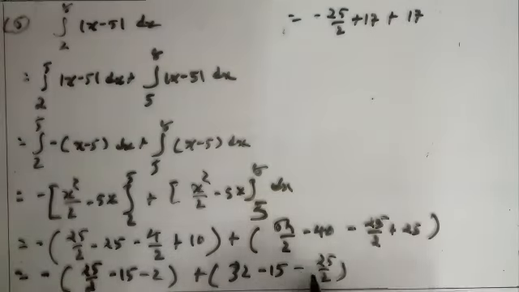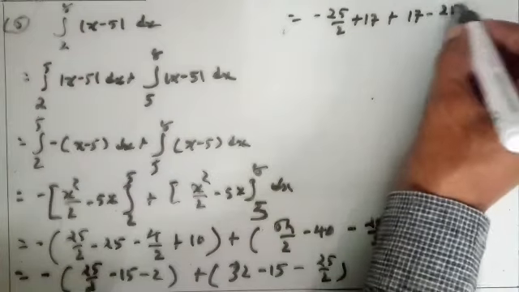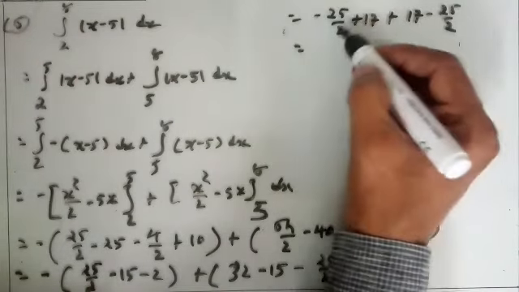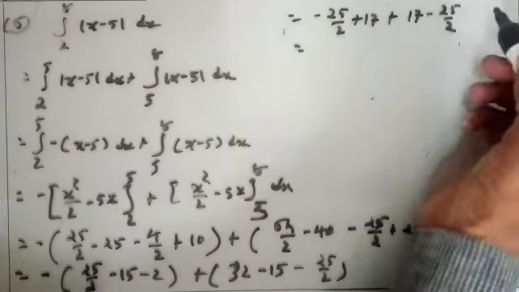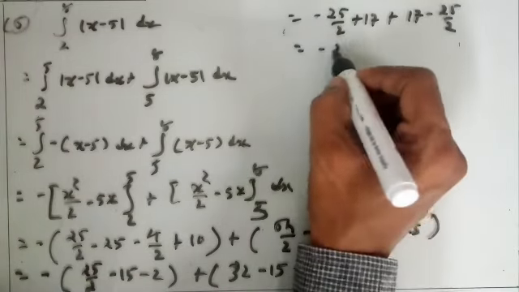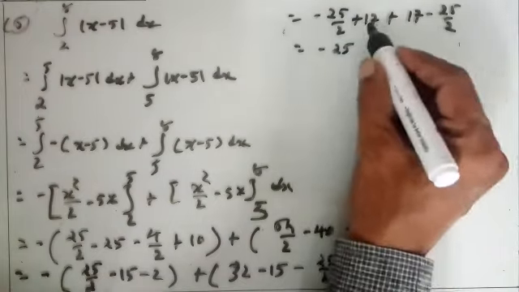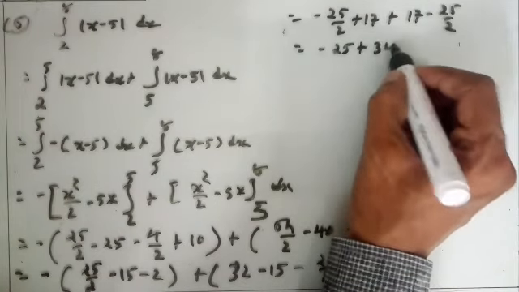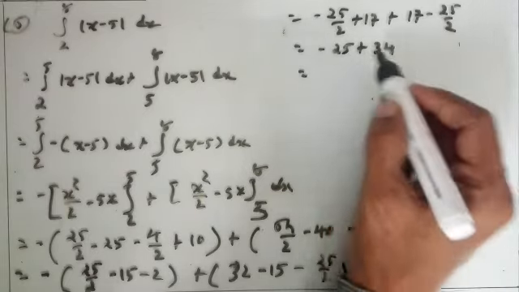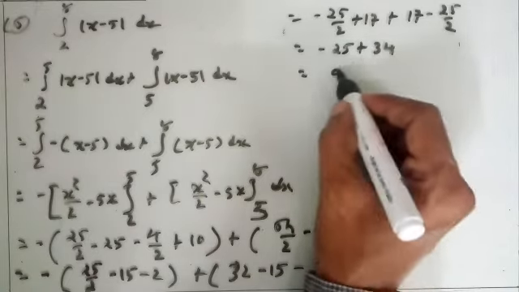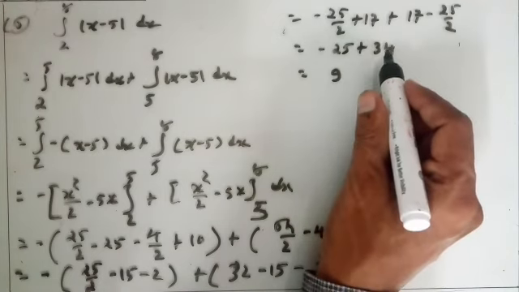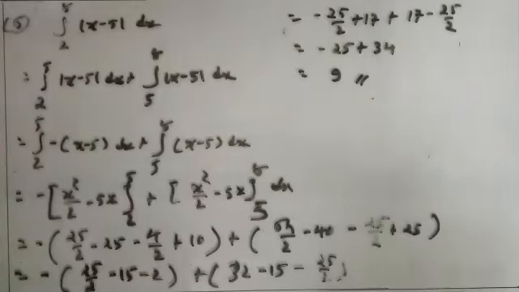Plus 17 minus 25 upon 2. Here minus 25 upon 2 minus 25 upon 2 becomes 2 times, so minus 25. 17 plus 17 becomes 34. So is equal to, now simplify this, minus 25 plus 34 becomes 9. Okay, answer.